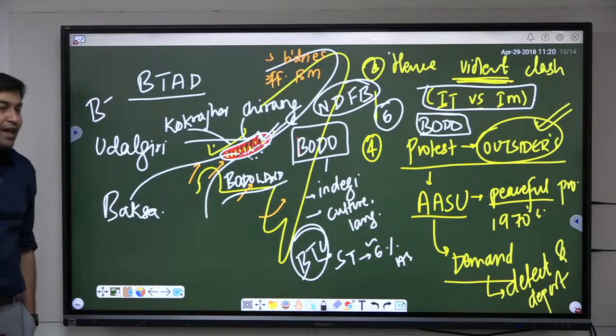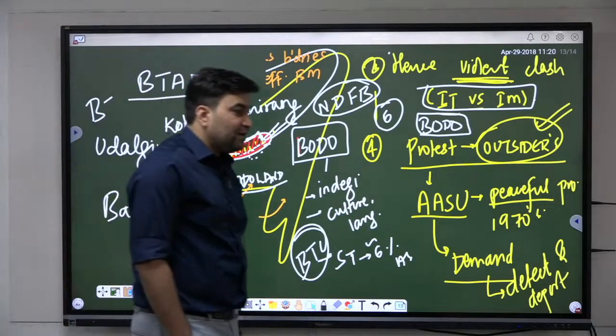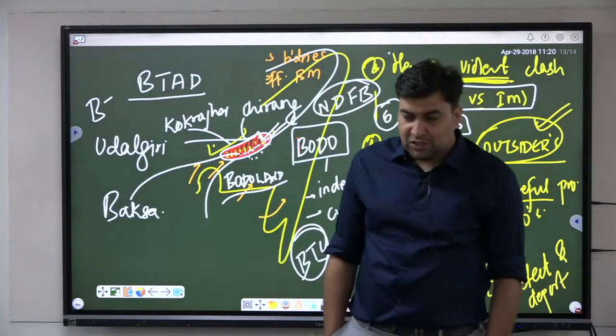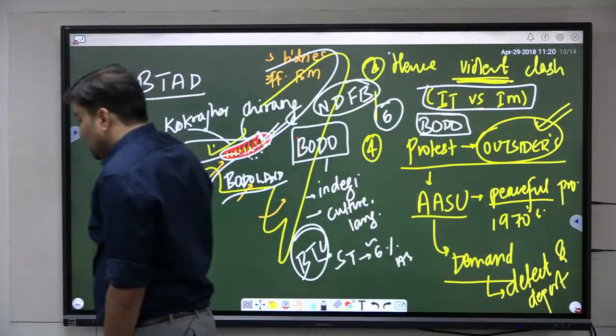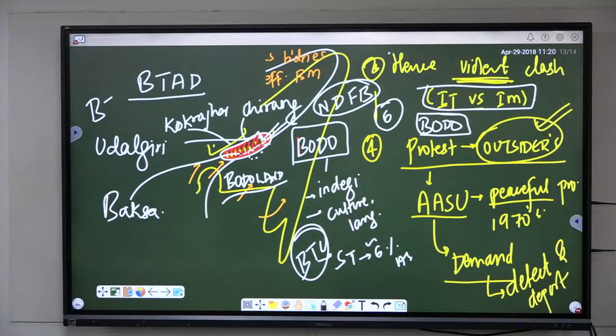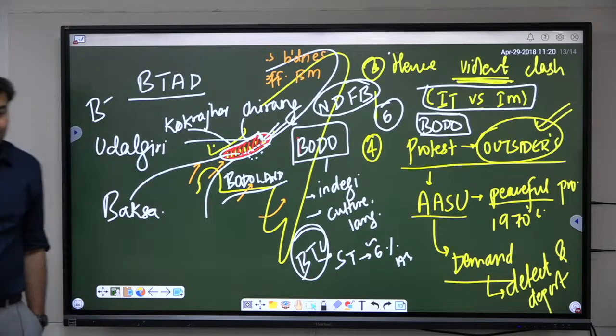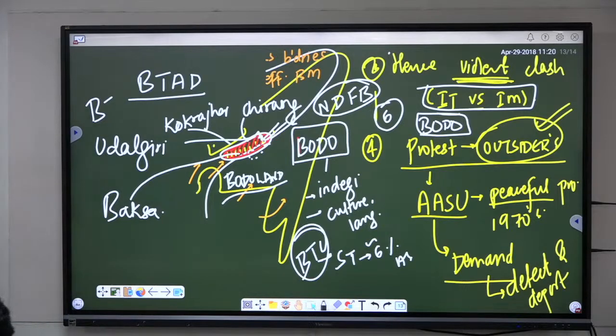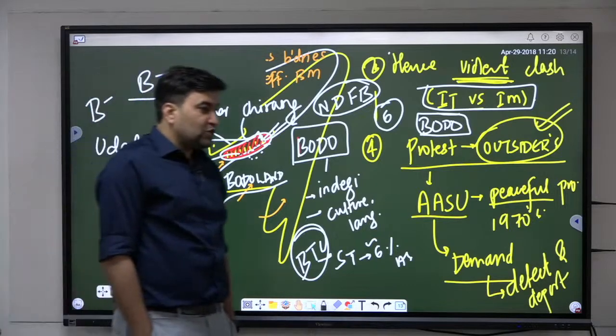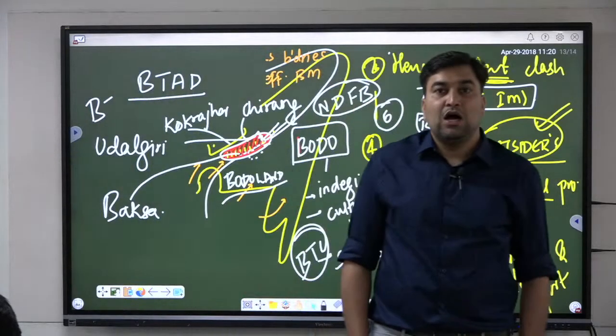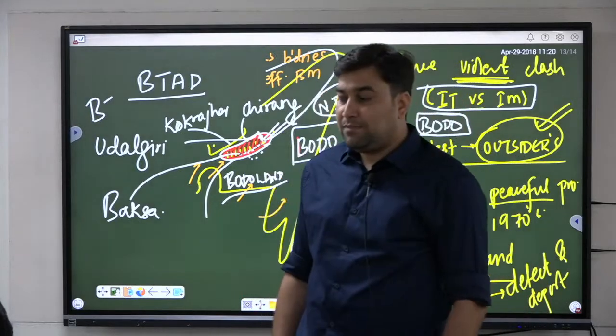Next, Bodo language in Devanagari script would be associated as official language of entire Assam.